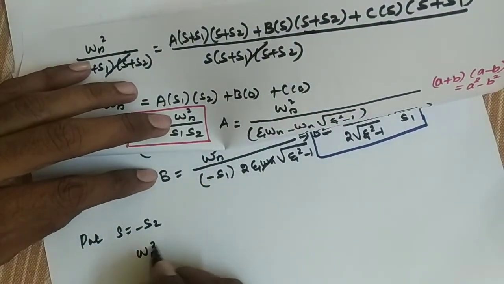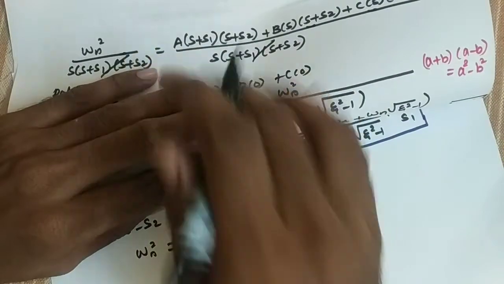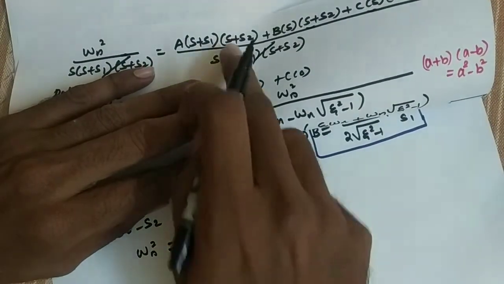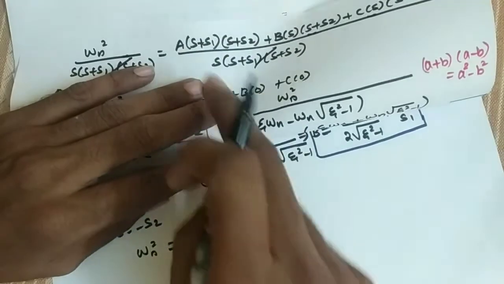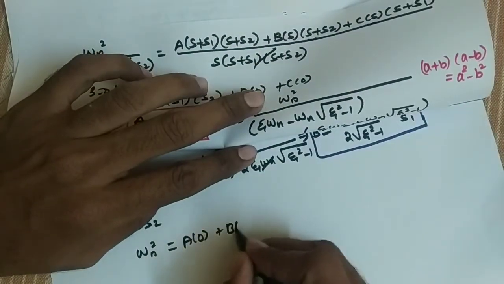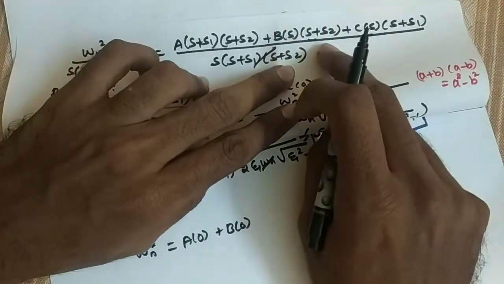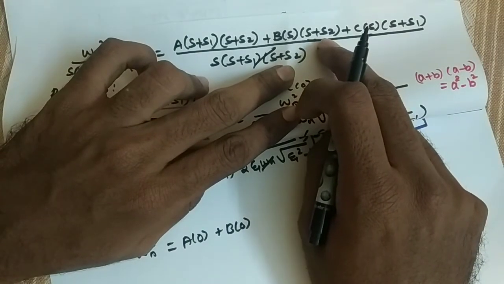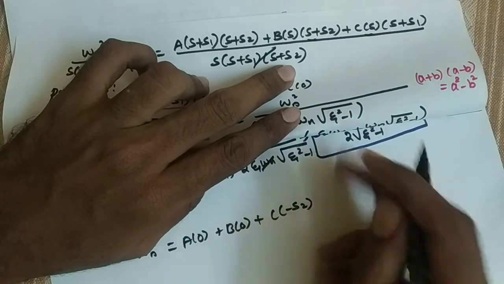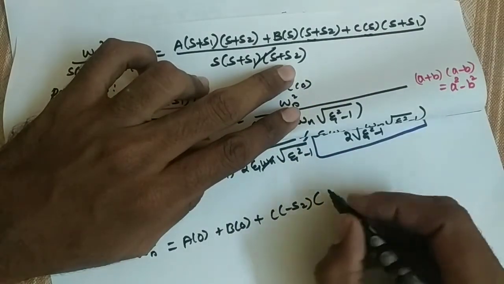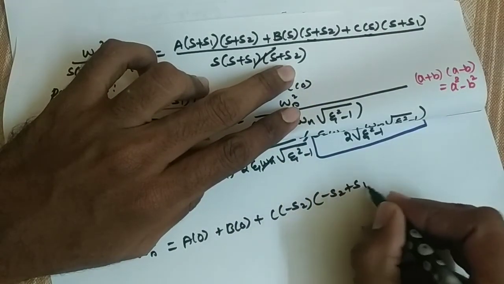So omega n square is equal to A of 0, because this is having one S2 term, so minus S2 plus S2 is 0, so A of 0 plus B of 0, obviously we are having an S2 term in the B coefficient side, plus C of minus S2 into minus S2 plus S1.